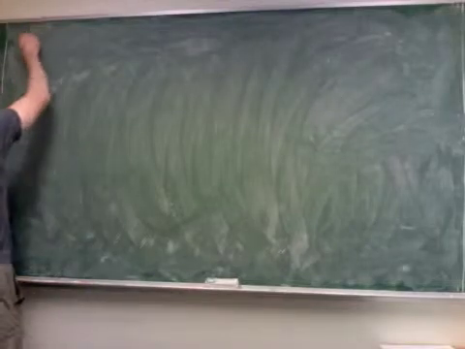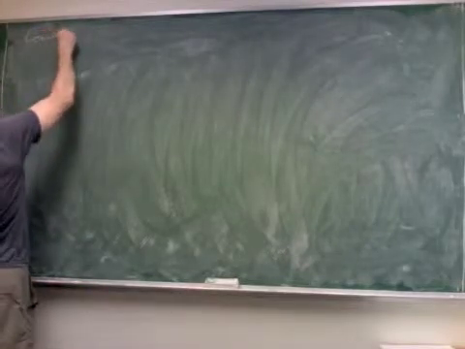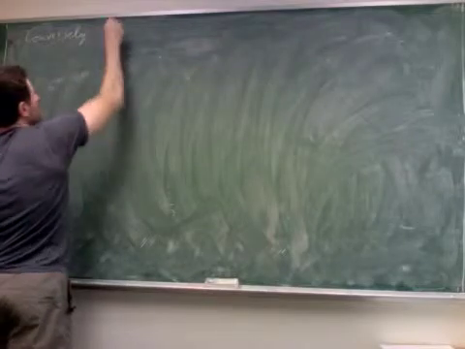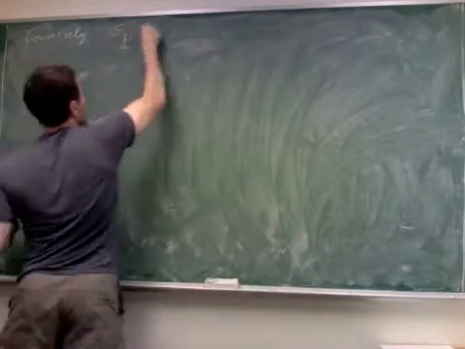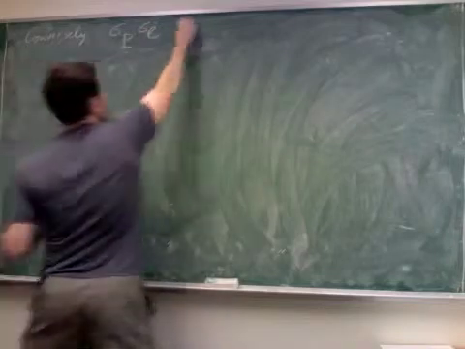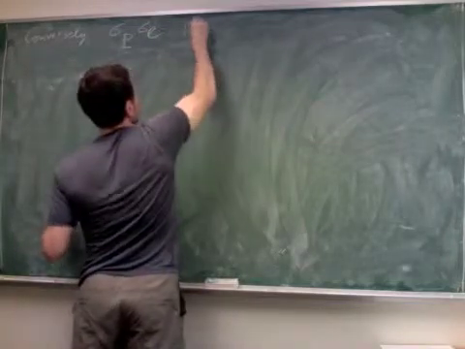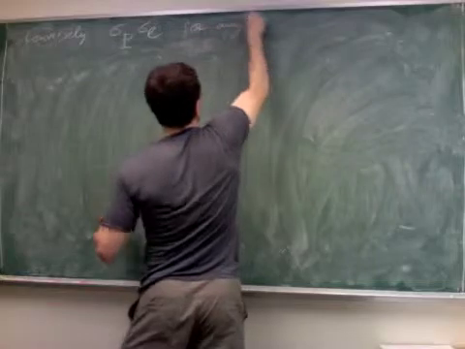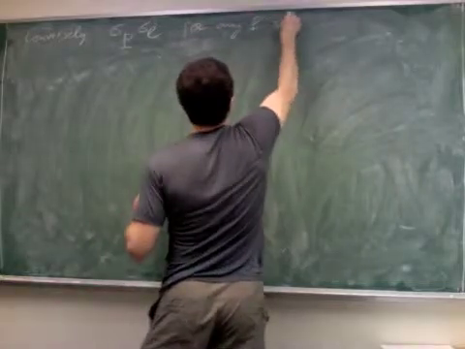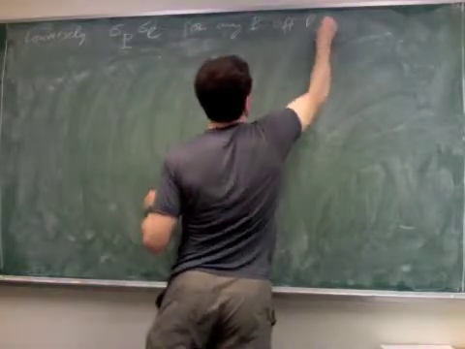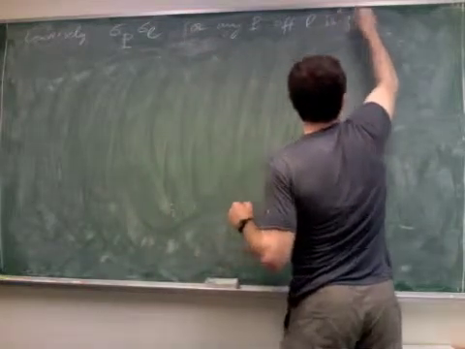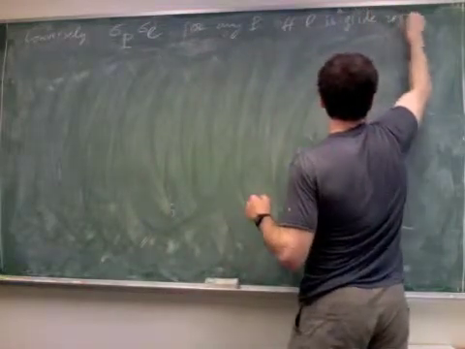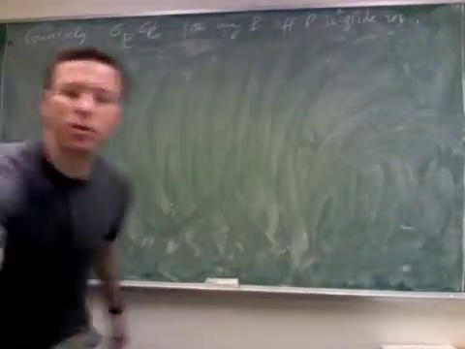So conversely, sigma P, sigma L, for any point P off L, is a glide reflection. Well, that's easy to show.